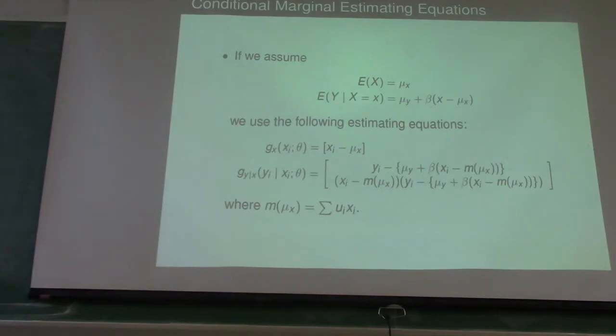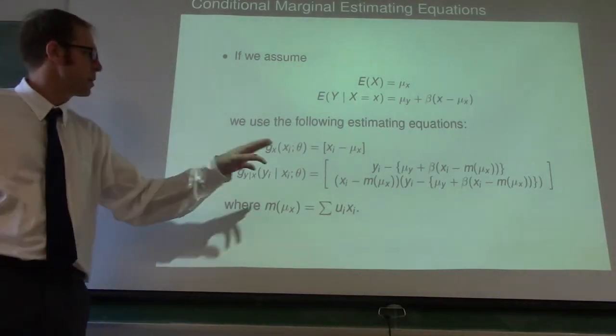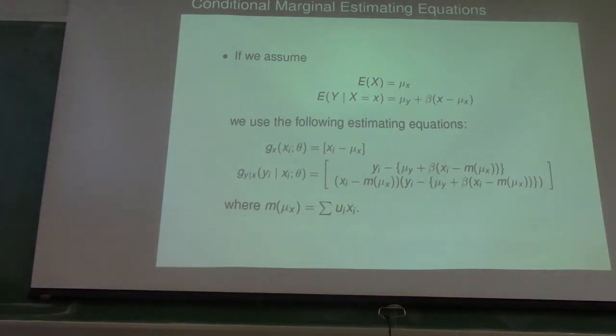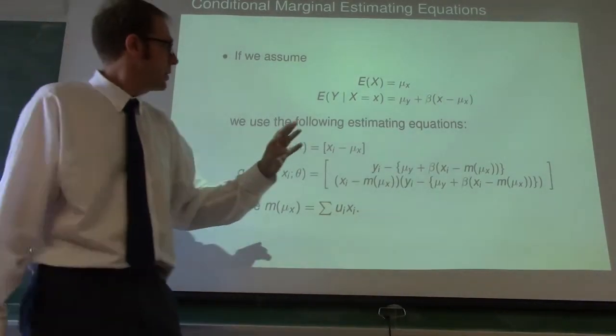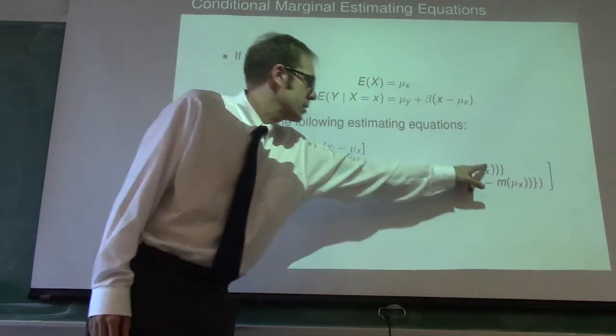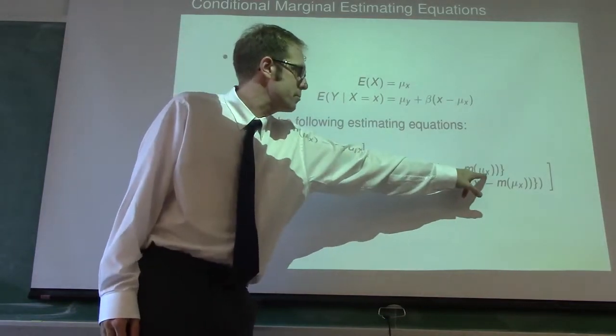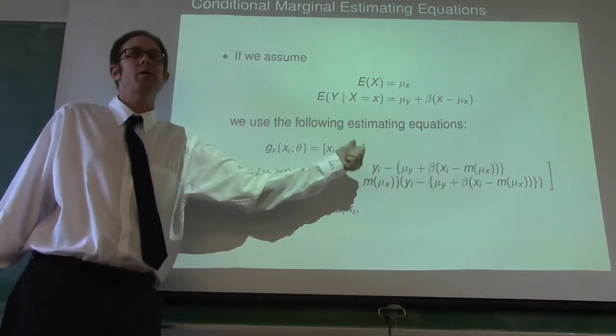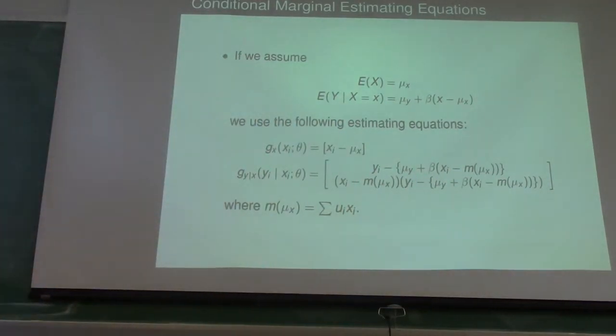So if you work this out, you have these two sets of estimating equations. This is just the estimating equation for the normal that I showed you before. This is where stuff starts to get fun: for each observation we're subtracting the mean, this linear component. This m sub mu x is the fact that mu sub x is being estimated based on this set of equations.